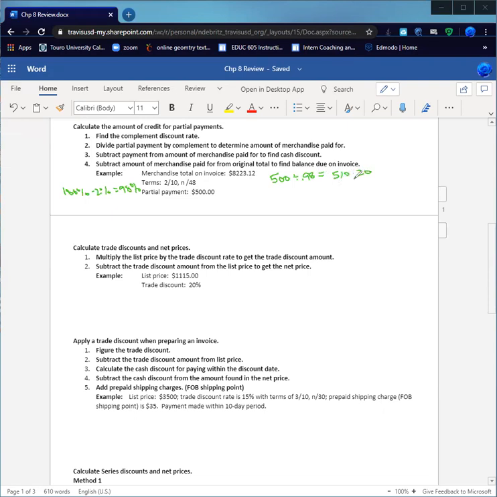Then I'm going to subtract the payment from amount of merchandise paid for to find the cash discount. So I'm going to take this amount right here, the 800, oh, that should be 800, not 8,000. There's too many twos there. Let me fix that.